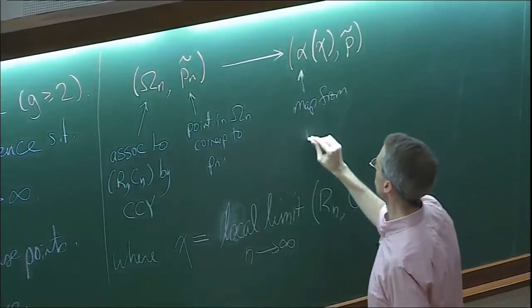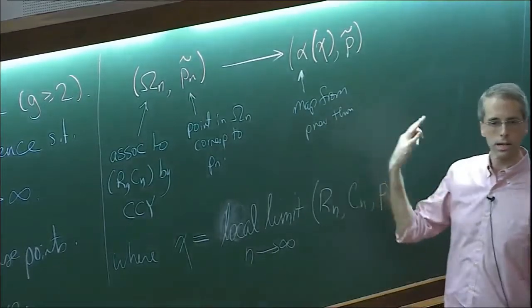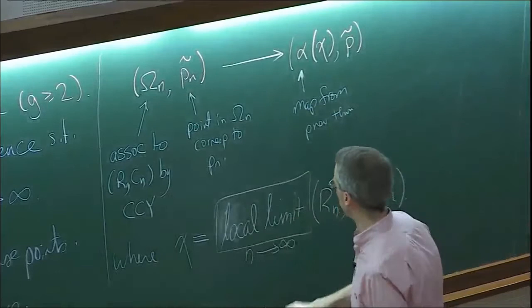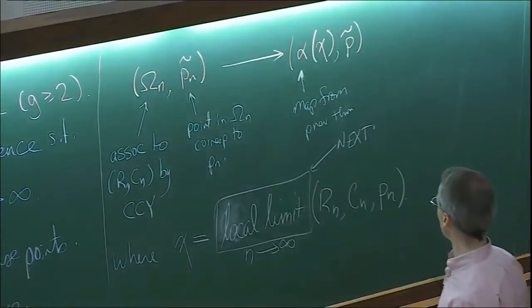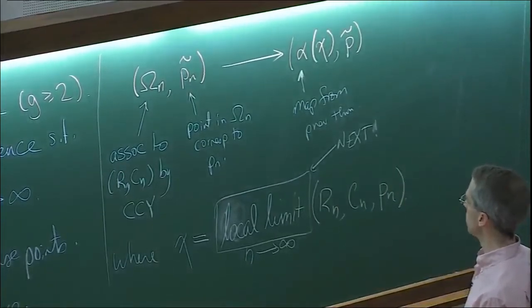This alpha here is the map from the previous theorem, the thing where you give it a polynomial and it constructs a polygon. So now what I have to do is tell you what this local limit thing is about. That's going to be an important part of the whole construction.